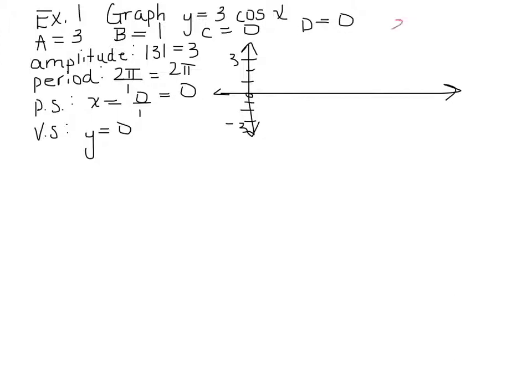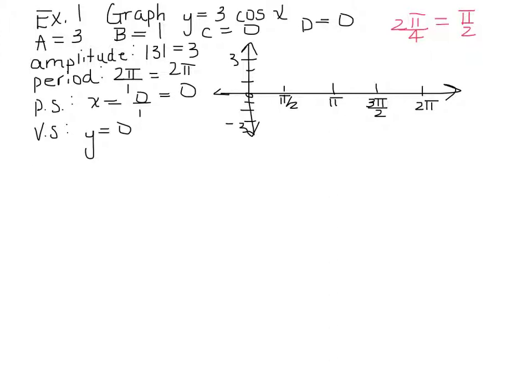To get your tick marks, remember you take your period and we're dividing it into fourths. We're adding 1 pi over 2, starting at 0. So 1 pi over 2, 2 pi over 2, which is pi, 3 pi over 2, 4 pi over 2, which is 2 pi.